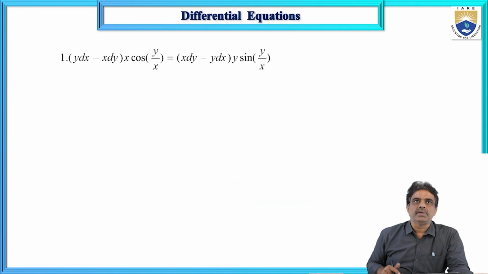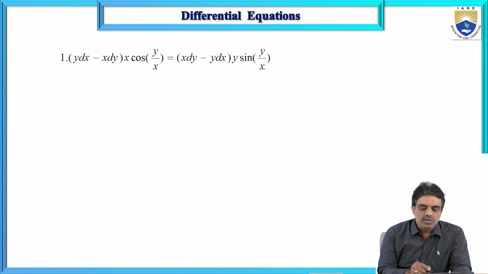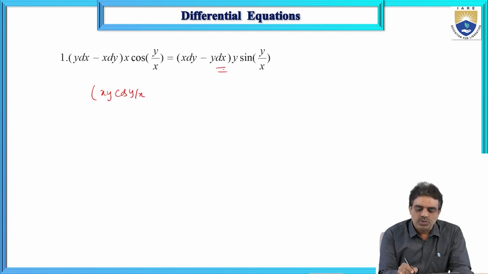So the first problem is (y dx - x dy) x cos(y/x) = (x dy - y dx) y sin(y/x). First I would like to write the equation in the form dy/dx = some function. Here the coefficient of dx is xy cos(y/x), and on the right side we also have a dx term.